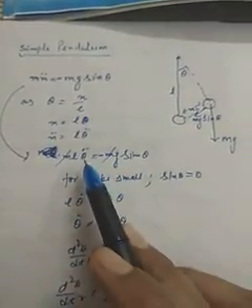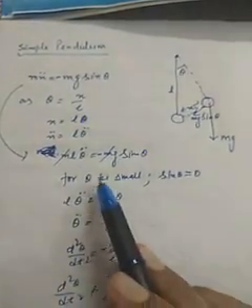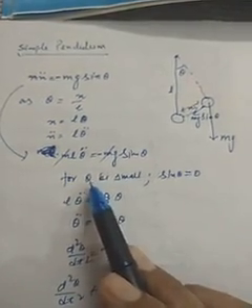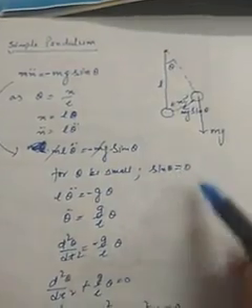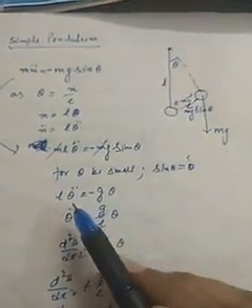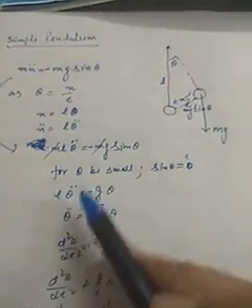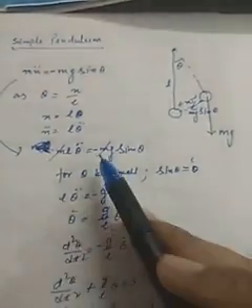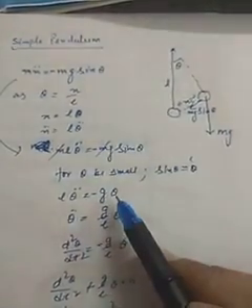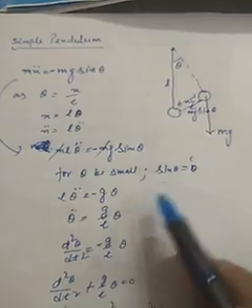M cancels. For very small angular displacement theta, sin theta is nearly equal to theta. Then we can write this equation as l theta double dot minus g, with theta substituted instead of sin theta.